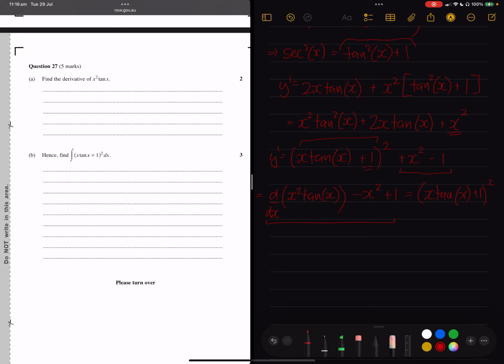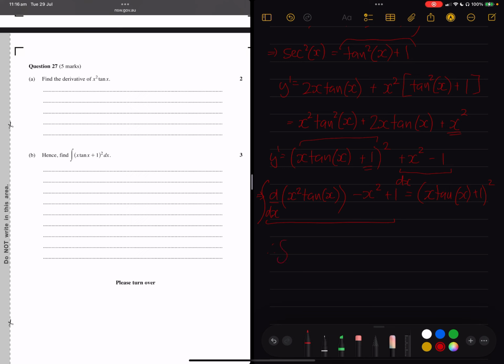Now, this is a slightly sloppy way of doing this. We're sort of rearranging the expression to try and fit it into the integral, but it is going to work. So we take the integral of this with respect to x. Well, the integral of the first thing is just x squared tan of x.